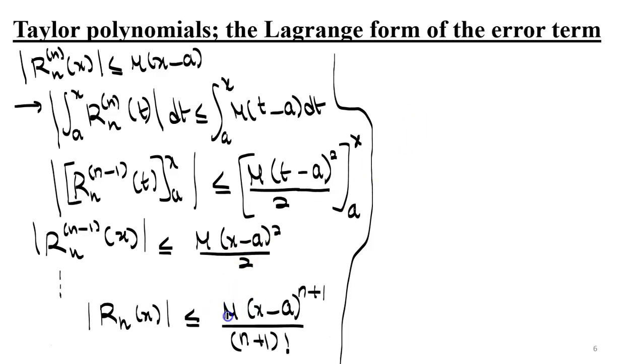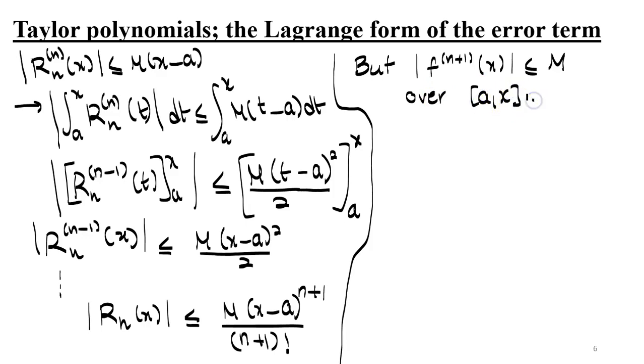Now going back to what M is, we know that M is in fact the maximum of the absolute value of the derivative of order n plus 1 of f. So we know that the absolute value of the derivative of order n plus 1 of f at x is smaller than M, and that is over the interval a, x.